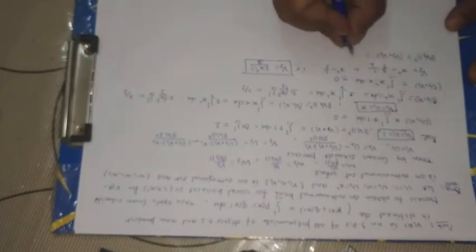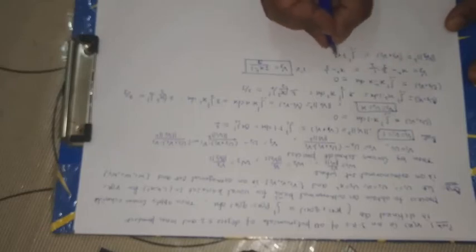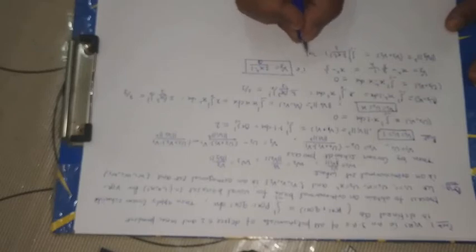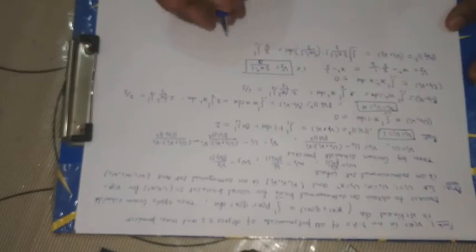This is equal to the integral from 0 to 1 of (3x square minus 1)/3 times (3x square minus 1)/3 dx. This is equal to 2/9 times the integral from 0 to 1 of (3x square minus 1) whole square dx.